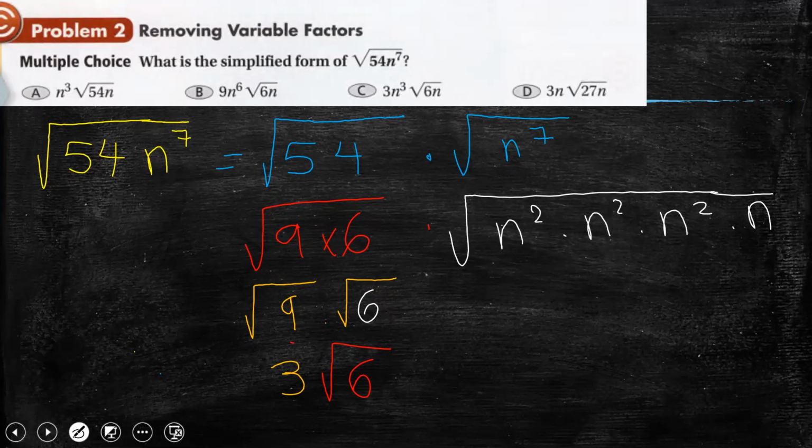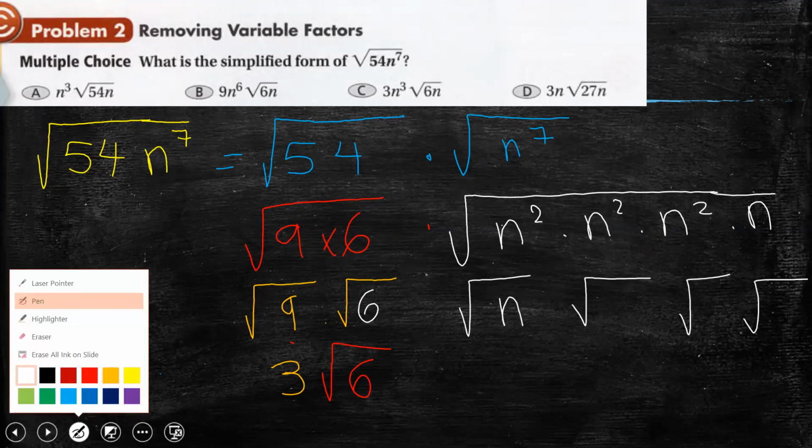Then after that, let's now distribute a square root into these variables. How many do we have here? 4. So I will write 4 square roots, counting also the n.